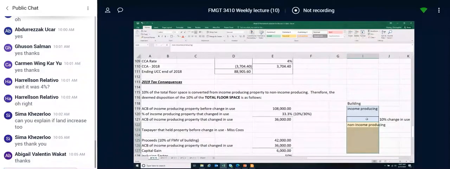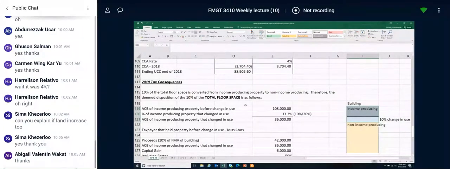So when they say 10% of the building is changing in use, the question you have to ask yourself is, what portion of the income producing property is changing in use? So when you do that, well, this is 30% of the building, 10% is changing in use. That means 1/3 of your income producing property is changing in use.